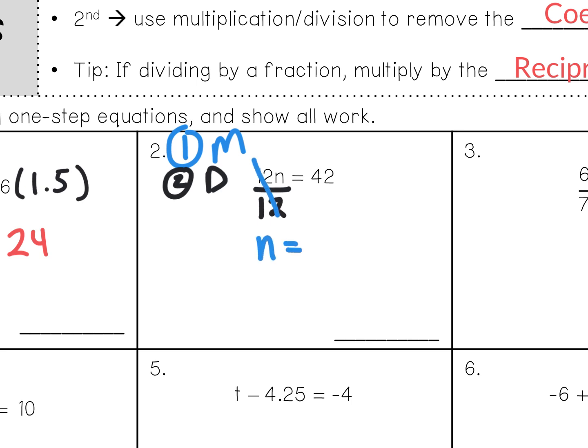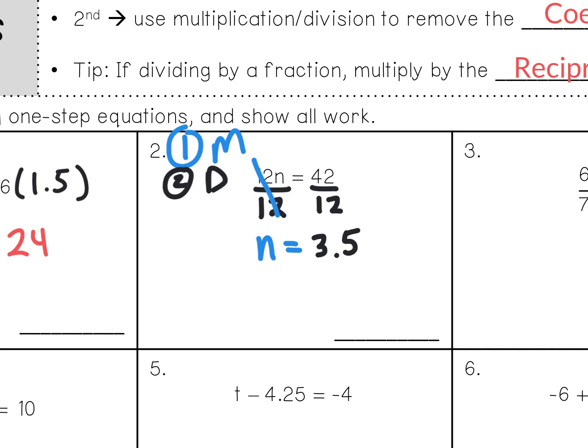N. Okay, but what I do in math on one side, I have to do on the other side. So what's 42 divided by 12? 3.5. Okay, can you guess what I'm going to ask us to do now? Put it back in for n.